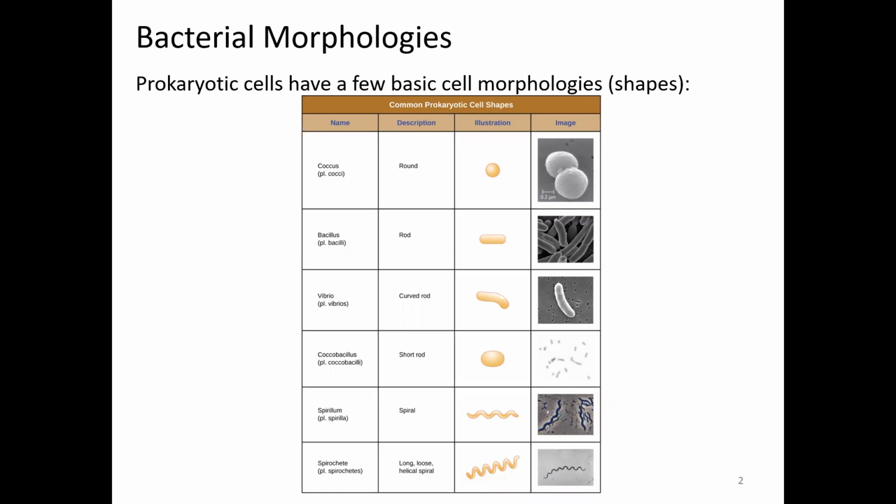So they're not quite round, but they're not quite rod-shaped. So we just merged the two names together and we call it coccobacillus. But for the purpose of my class and our labs, don't worry about using coccobacillus. Just say they're either cocci, they're bacilli, or they're one of the two spiral-shaped cells, okay?